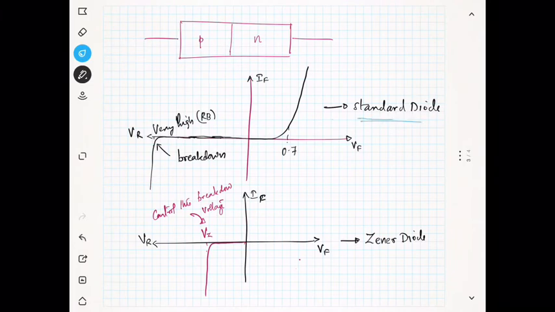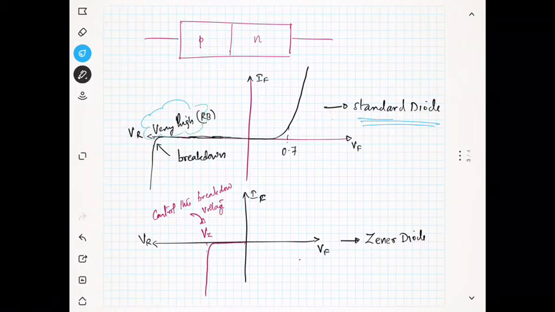This phenomenon will also happen in the standard diode, but it will happen at high voltage. At high voltage, the electrons will be coming out of the bond.